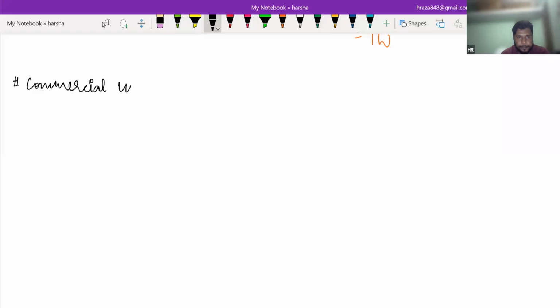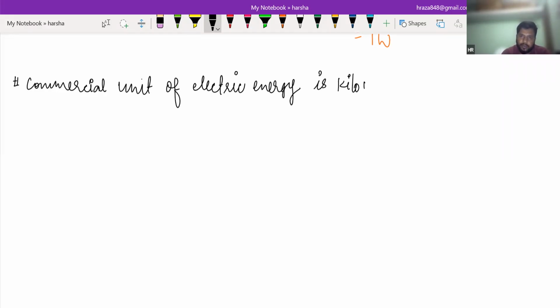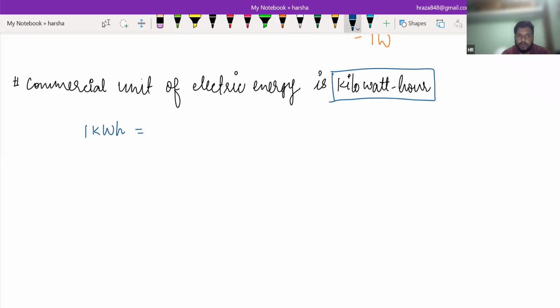Commercial unit of electric energy is kilowatt hour. This is very important to note. Commercial unit of electric energy is kilowatt hour, and 1 kilowatt hour will be equal to 1 kilowatt.